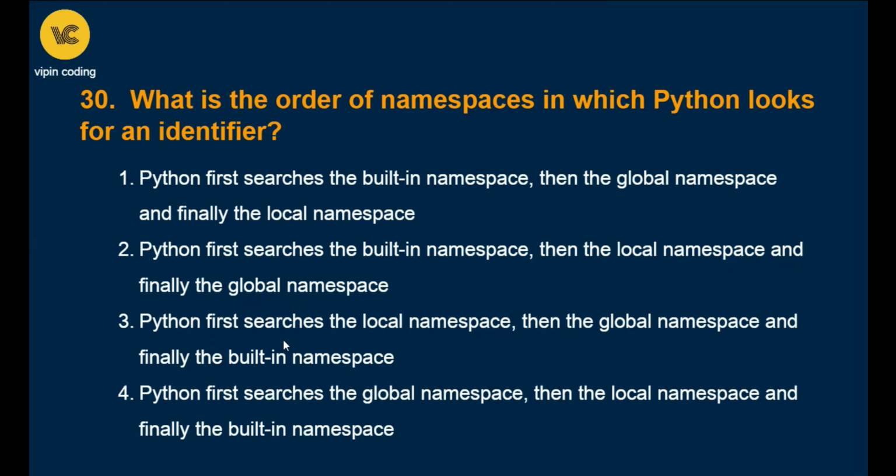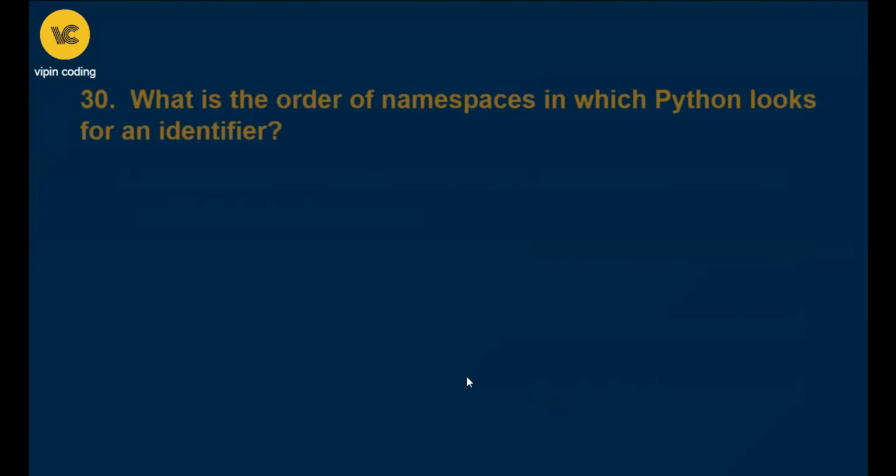Third one is Python first searches the local namespace, then the global namespace, and finally the built-in namespace. And the fourth and last option is Python first searches the global namespace, then the local namespace, and finally the built-in namespace.